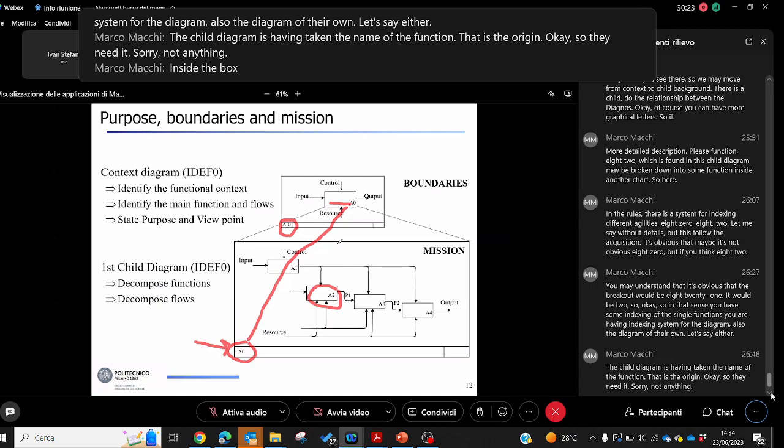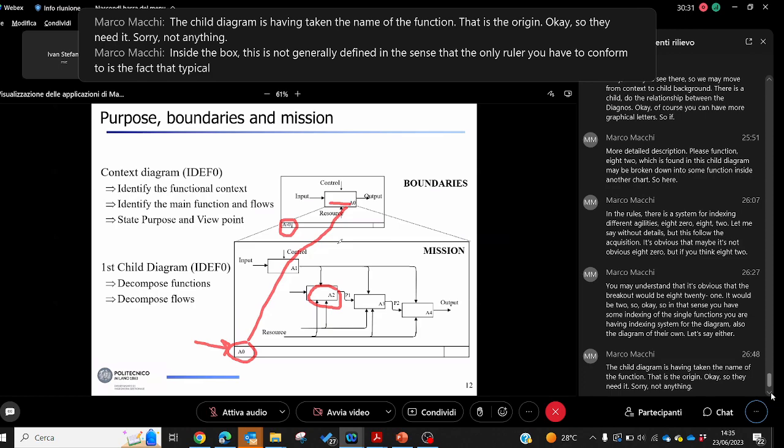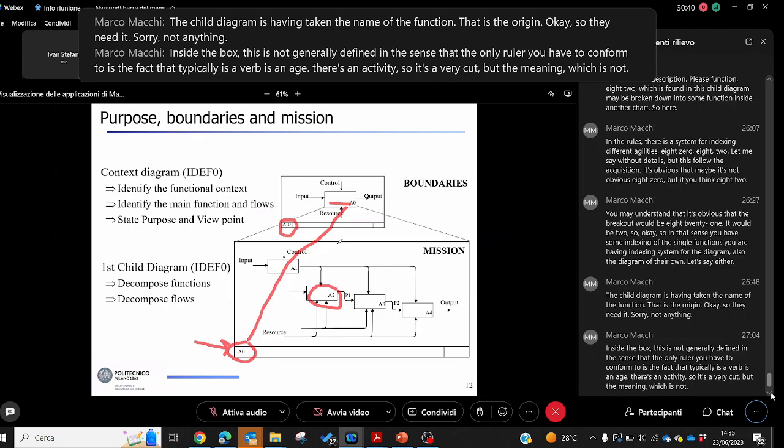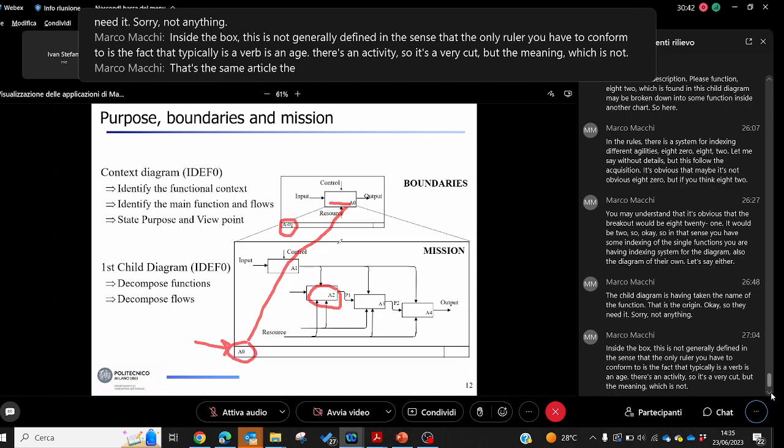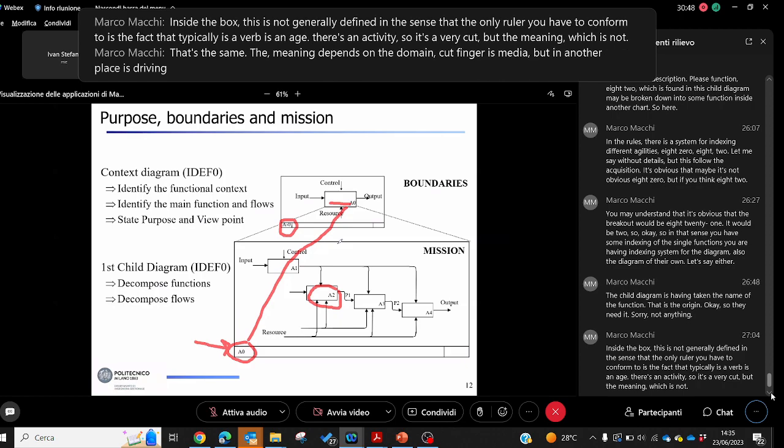This is not generally defined, in the sense that the only rule you have to conform to is that typically it is a verb, an action, an activity, like cut. But the meaning, which is not the syntax but the semantics, depends on the domain. Cutting has a meaning here, but in another place it's driving. It depends on the system. Okay? So you understand that it's quite simple.